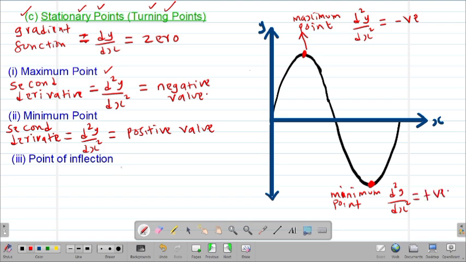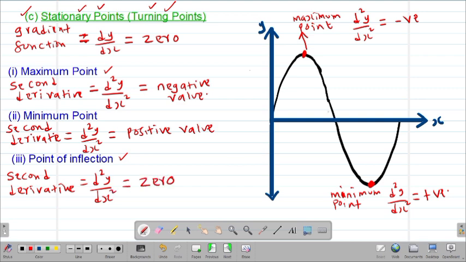Then we also have what we call the point of inflection. So at the point of inflection, the second derivative, which is denoted by d squared y over dx squared, will always give you 0.